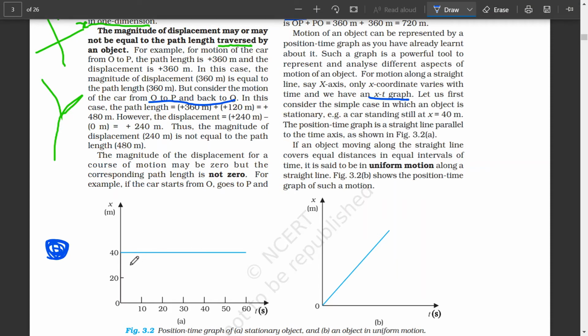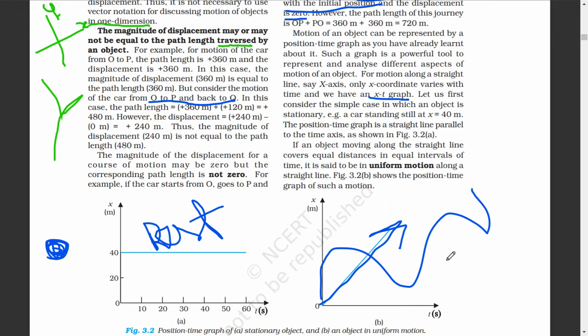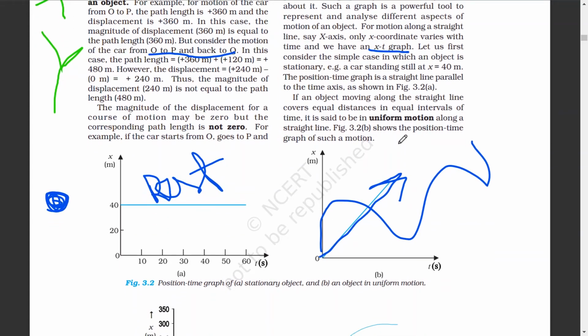If this is the graph, then the body is at rest, because the body is not moving at all. But when it is going like this, the body is in uniform motion. If it was going like this, then it is in motion but not uniform. But when it is a straight line, it is in uniform motion.